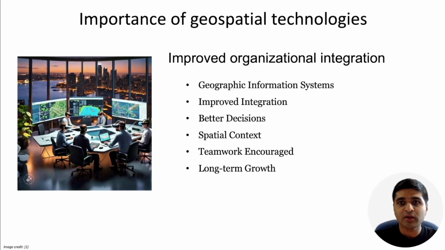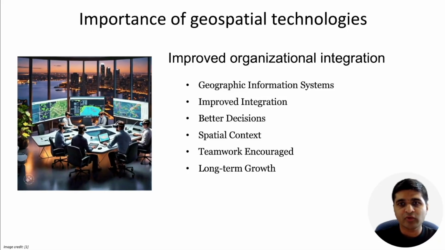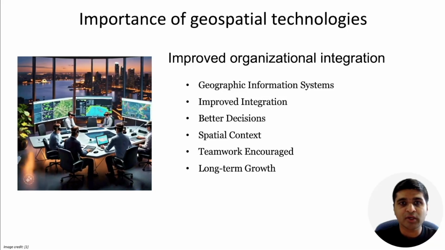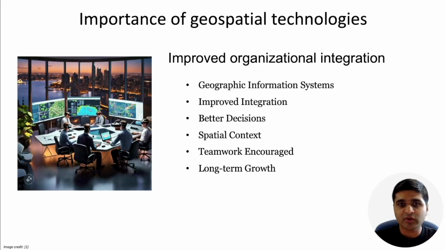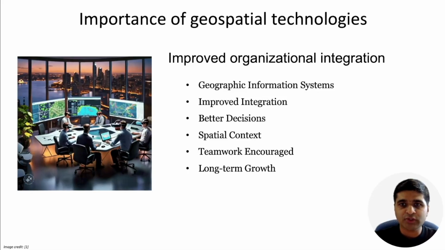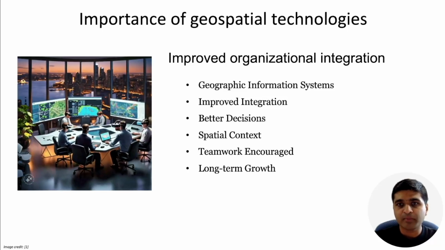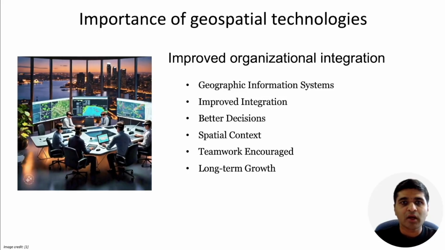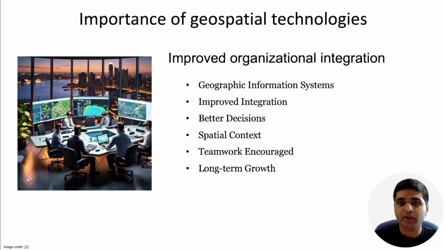Instead of only numbers or reports, they also see spatial context, meaning where things happen and how they relate on the ground. This makes teamwork easier because everyone shares the same clear picture. So when we talk about the importance of geospatial technologies, we are talking about a system that connects data, people, and places, and that connection allows progress, cooperation, and better solutions.